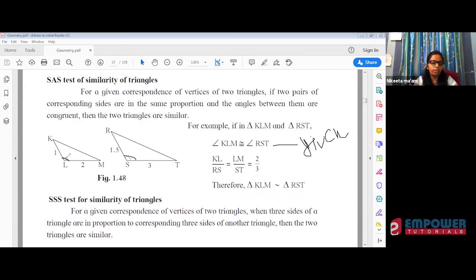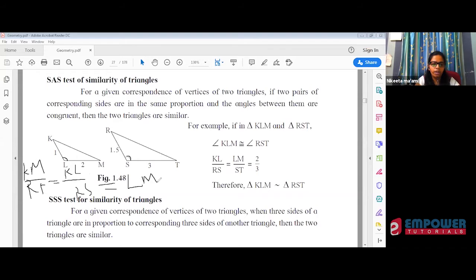So if angle L is congruent to angle S, the ratio will be Km upon RT. Then you have KL upon RS, and then you have LM upon ST. So we need to look for this ratio.